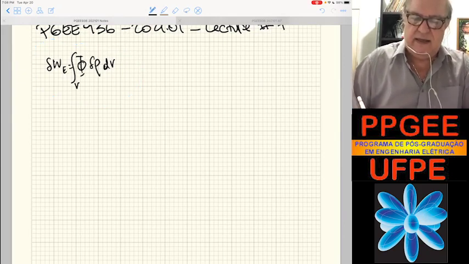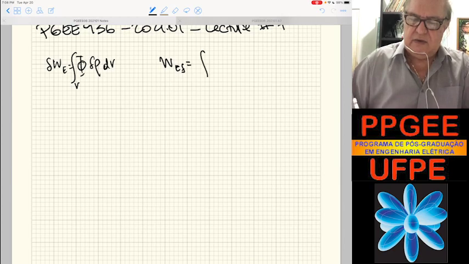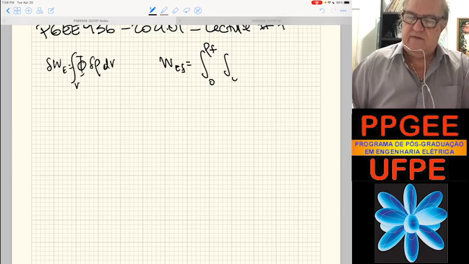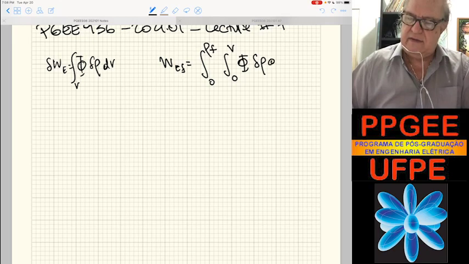So the final energy is equal to the integration from 0 to rho f of the volume integral of phi delta rho dv.